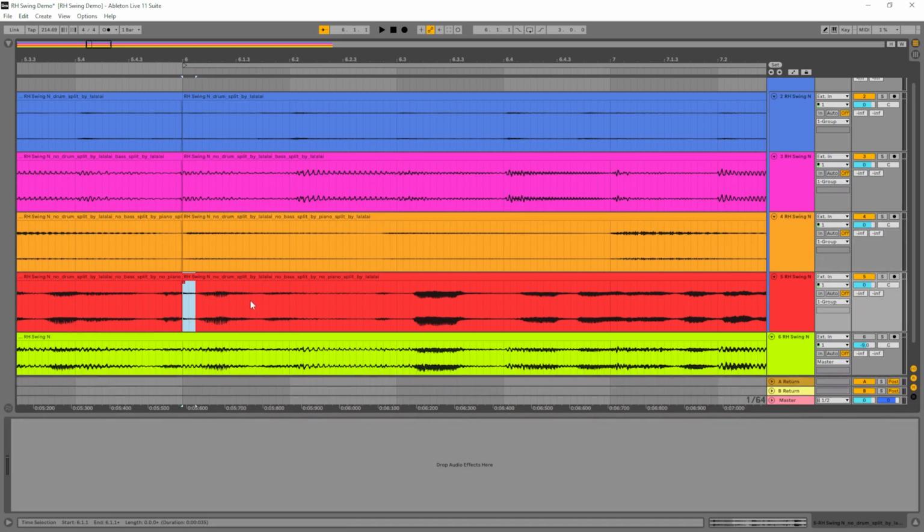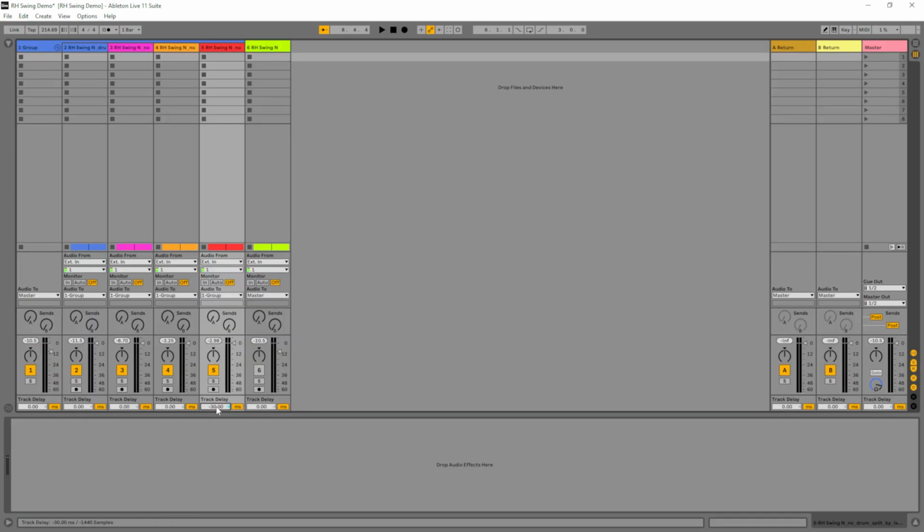Now let's move the trumpet so that it's playing 30 milliseconds earlier and compare. The difference is subtle, but I think most would agree it felt better where it was before.